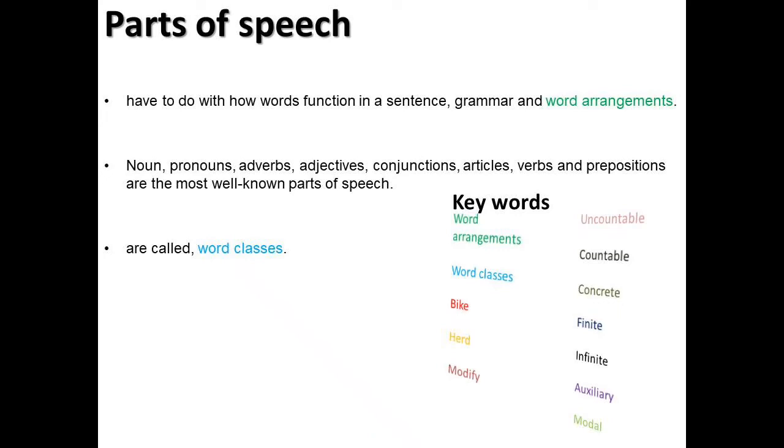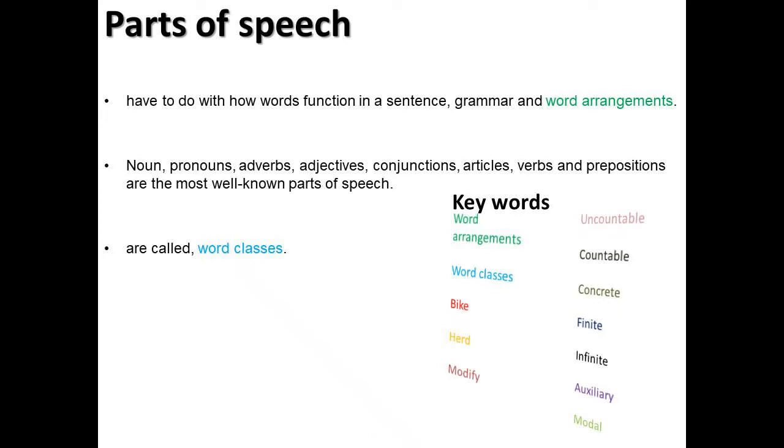The most well-known parts of speech in English would be your nouns. Those are the most well-known parts of speech.